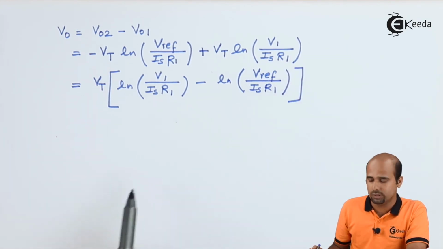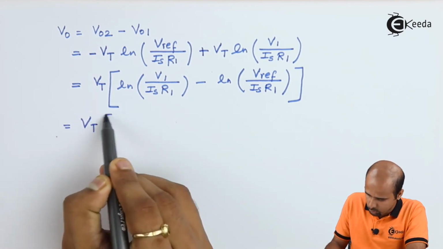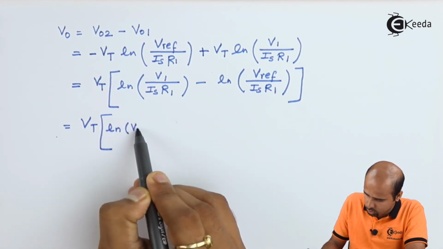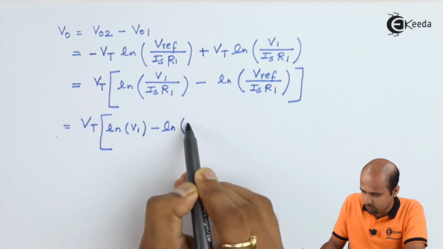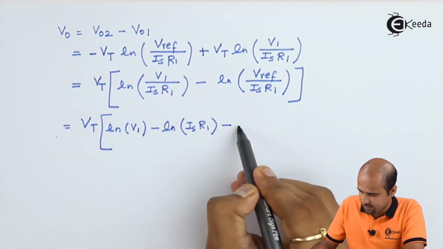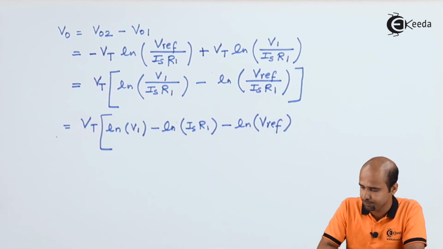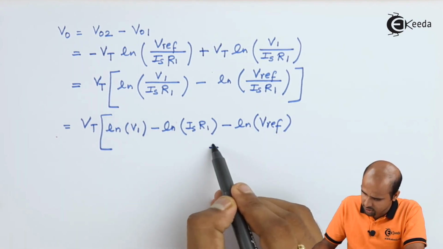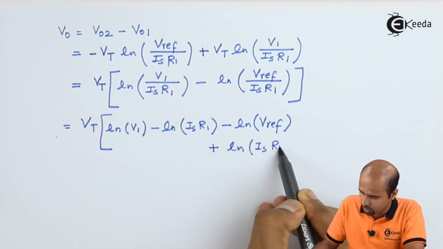Now, if you have learned the log properties, we can see that the value of the internal bracket will split up into ln of V1 minus ln of Is into R1, minus ln of VREF, right? ln of VREF, minus of minus will become plus ln of Is into R1.